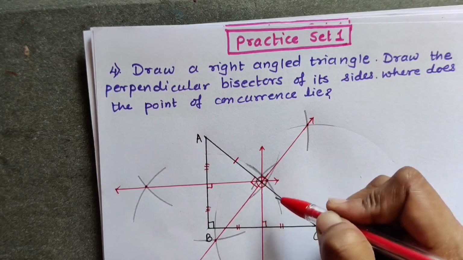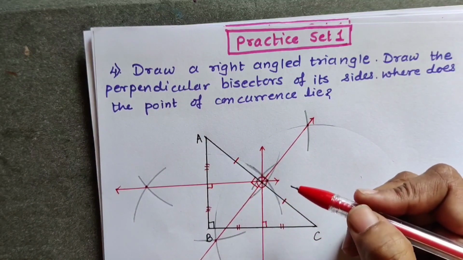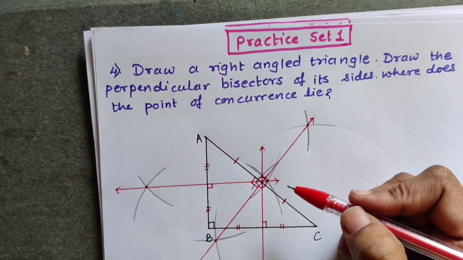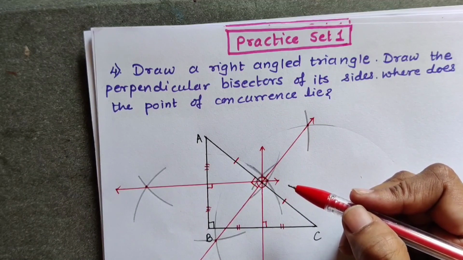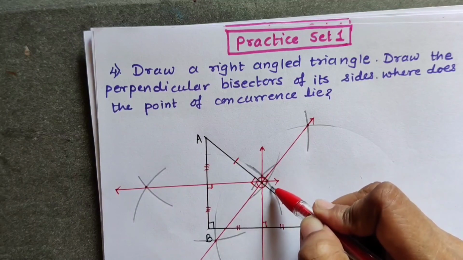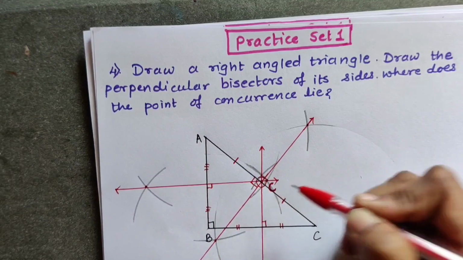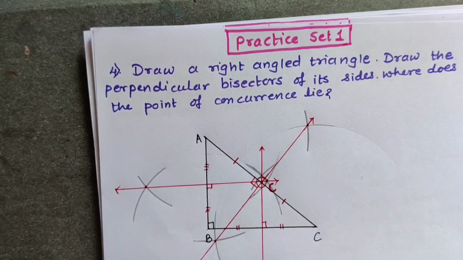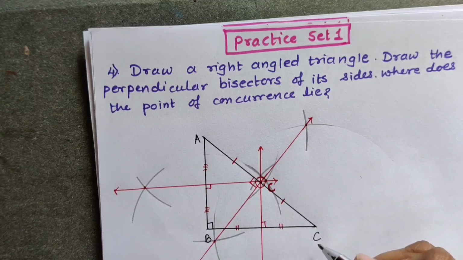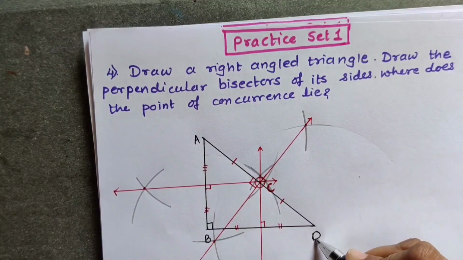Here we can give name to this point. As point of concurrence is denoted by C, we write here C, and this point we have to change. We can write D here. Instead of C, we will be writing D here.